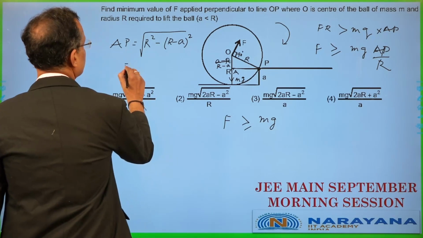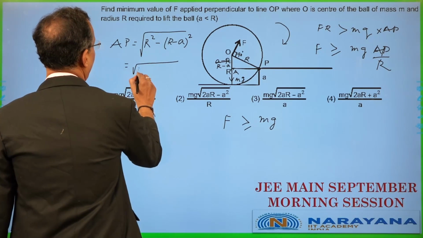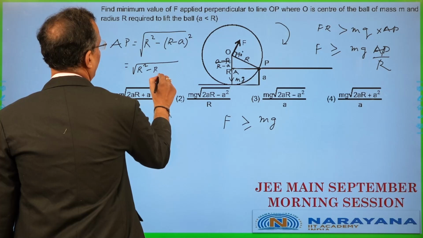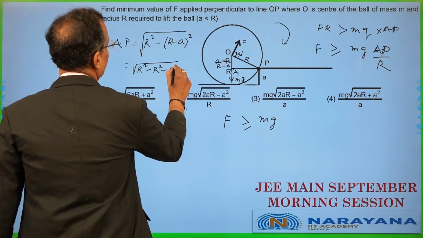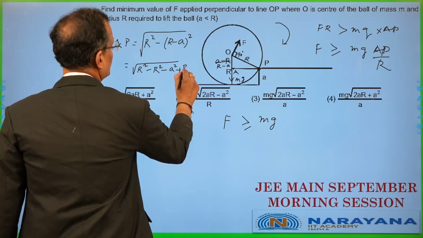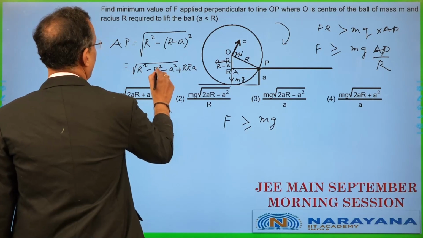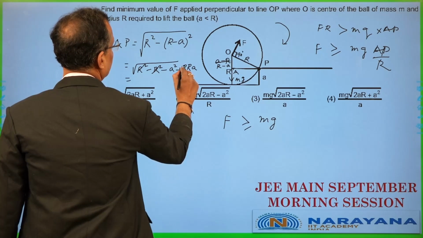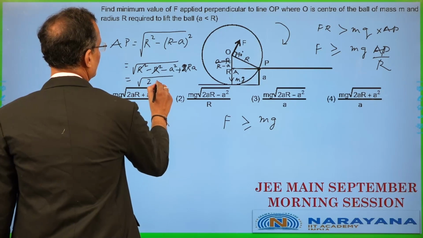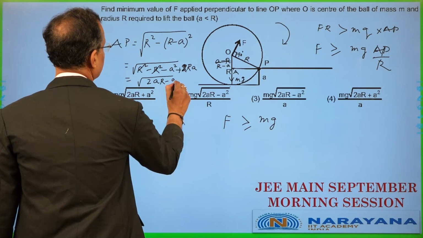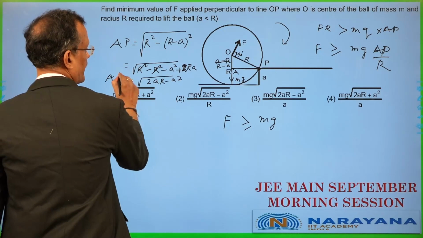Clear? So this AP will be R squared minus R squared, check here, minus is there, minus A squared plus 2RA. R squared cancelled. So this is under root 2AR minus A squared. This is AP.